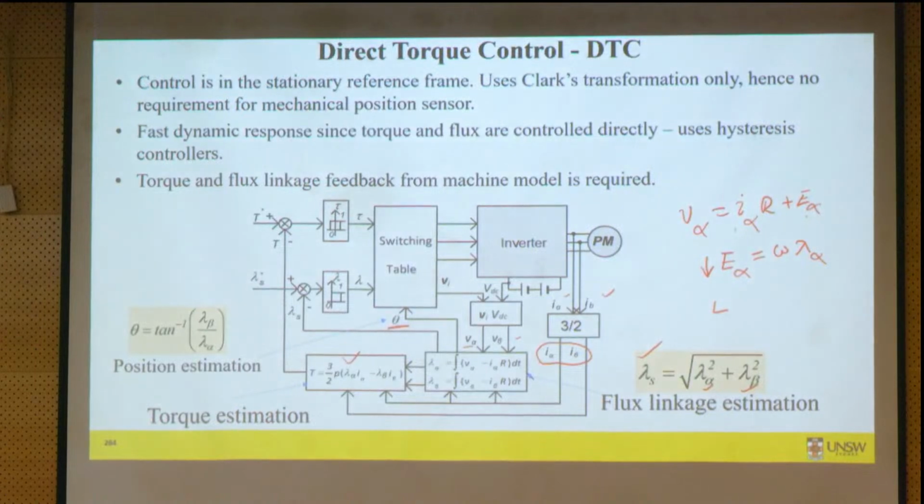Theoretically it's possible to estimate theta even at zero speed if we use high frequency injection. So that's the thing. Any other questions? Yeah.